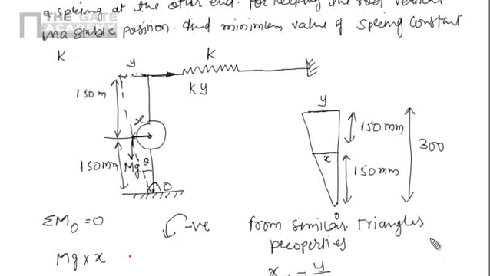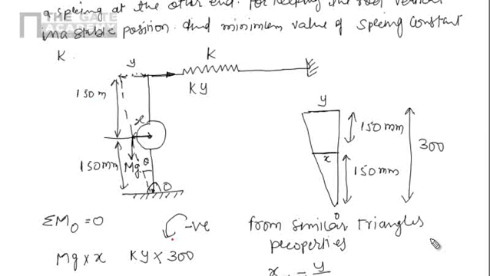So the spring force is k into y, and the perpendicular distance between O and this spring force is nothing but 300. I am just taking the linear dimensions. I am not going into the curved dimensions, because we are giving a small displacement theta.